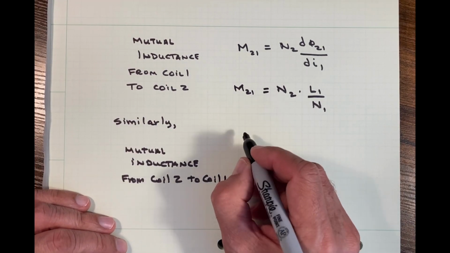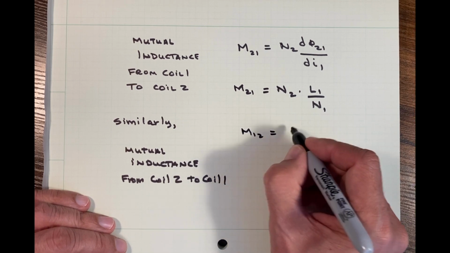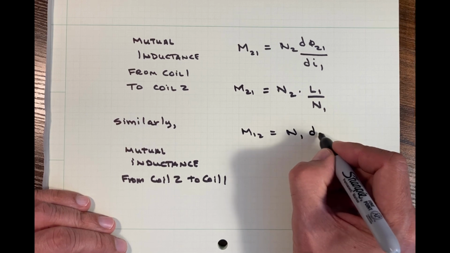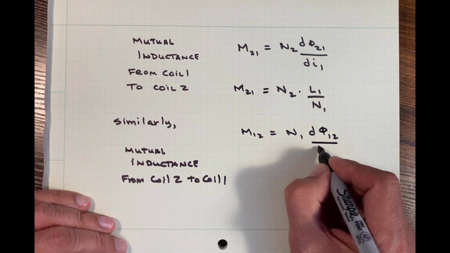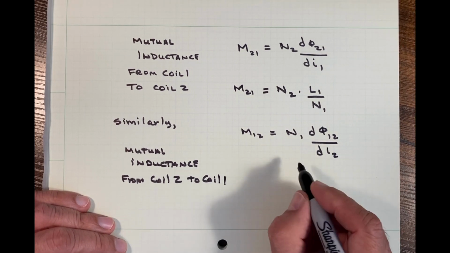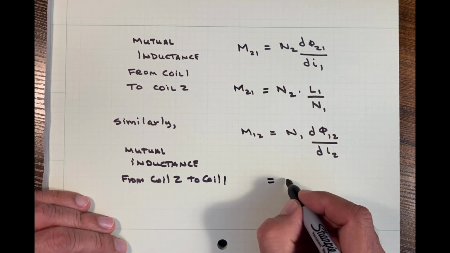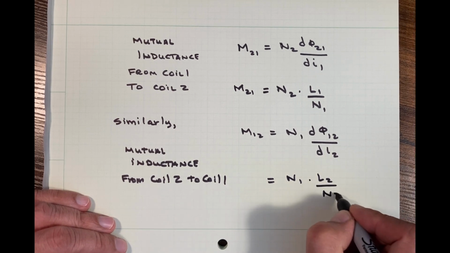So then what we have is M12. That one is, similar to before, N1 dΦ12/di2, because it's created by the current I sub 2. This then becomes, using our previous results, N1 times L2 over N2.